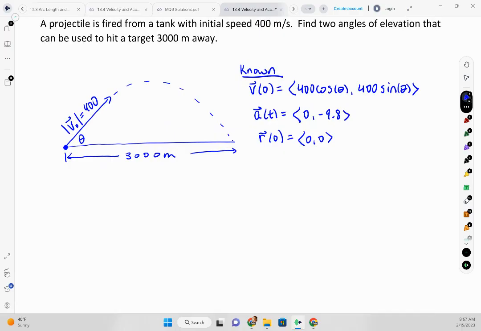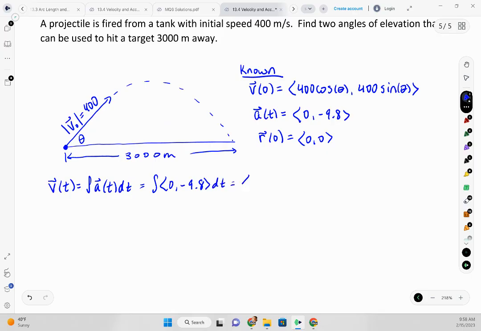We know acceleration, and that's the only thing we really have to work with other than our initial conditions. So maybe we should start with the acceleration and work backwards to come up with a velocity vector and a position vector. The velocity vector is the integral of the acceleration vector dt, which is the integral of the vector <0, -9.8> dt.